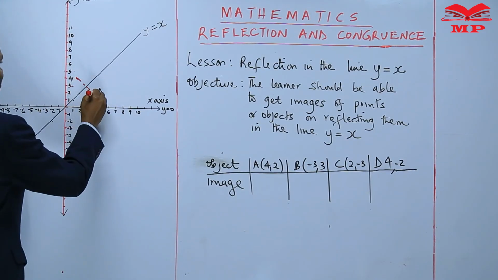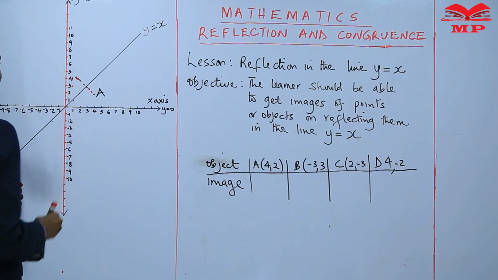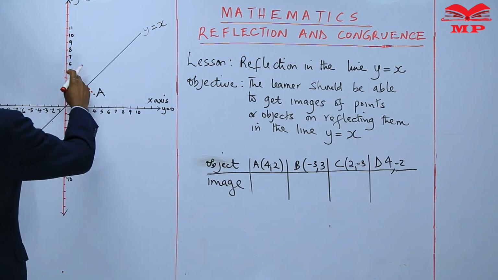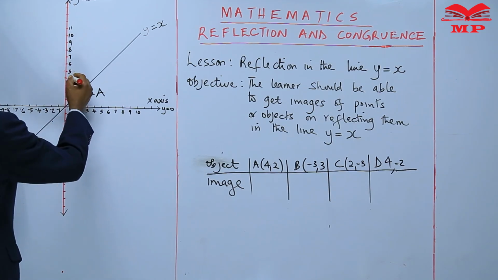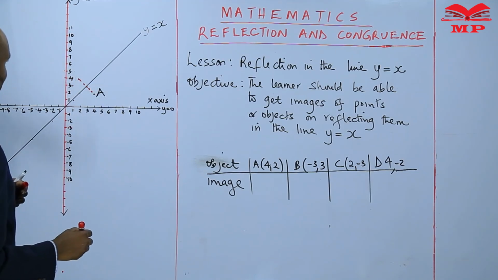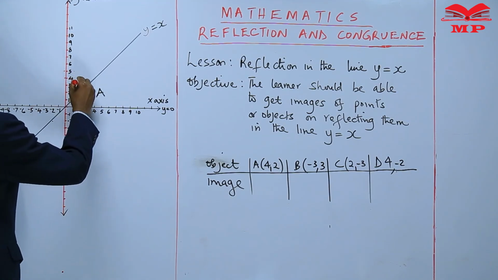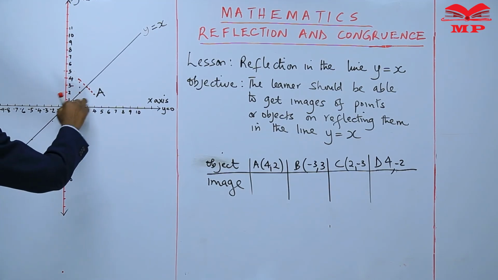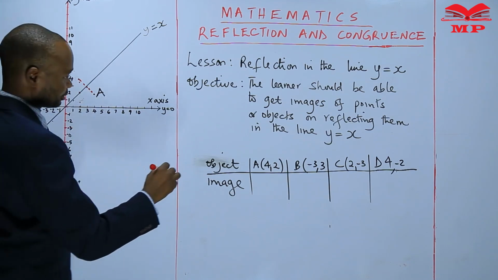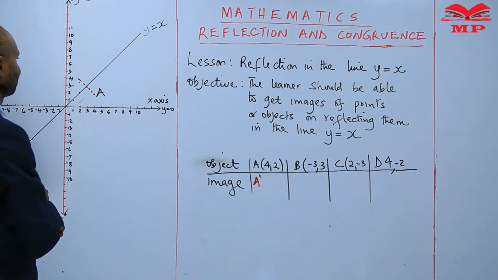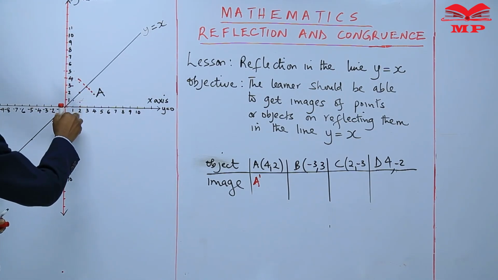You look very well. This point, A prime, is somewhere here. Let's check. A prime will be 2, 4.